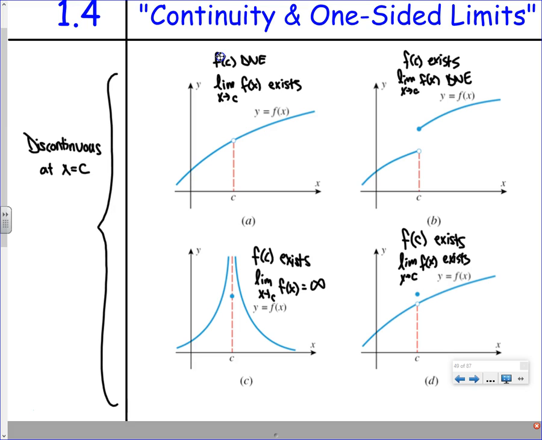The limit wouldn't be the value that the function is, the limit would be that value. But the limit exists because they're approaching the same place. So how does the function exist? Oh, because of this point. Not because of that, because of that. f of c, or the function, is not equal to the limit. What does it take for a function to not be continuous? Either f of c doesn't exist, or the limit as x approaches c doesn't exist, or they do not correspond. They do not equal each other.